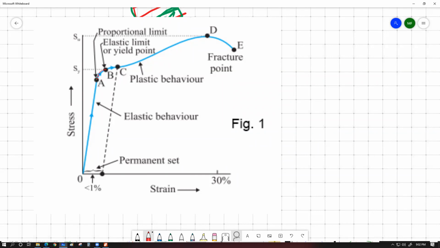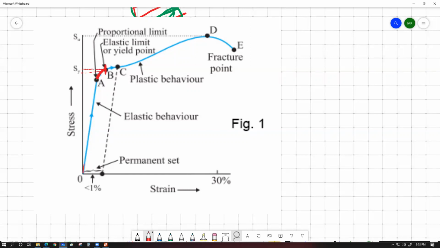But even within this curve, the deformation would still be reversible. It means if an object is loaded up to this much stress and the entire load is removed, the object is capable to come back to its original length. And that behavior is observed all the way up to this much stress value or up to this much point of the graph. So this much part of the graph is not a straight line, but it is still elastic.